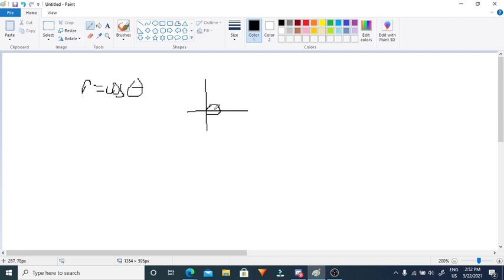That polar graph looks like this. It's a circle with radius 1 and it's only in these quadrants like this. As you add coefficients to the front, for example r equals 2 cosine theta, all that happens is this circle becomes bigger, so the radius becomes twice as big. As you keep doing that, the radius gets bigger and bigger. So you can imagine as this coefficient k approaches infinity, we're just going to get a big circle.